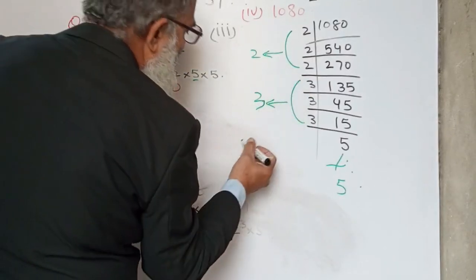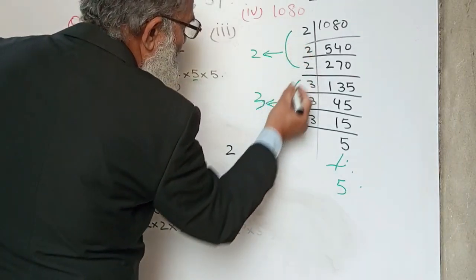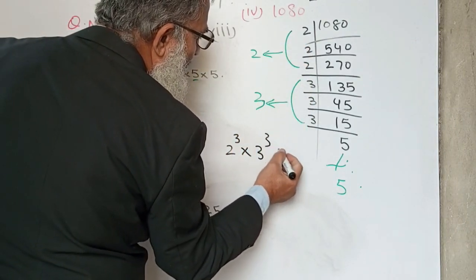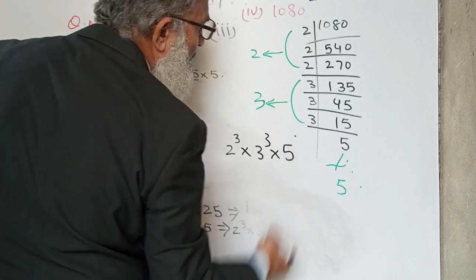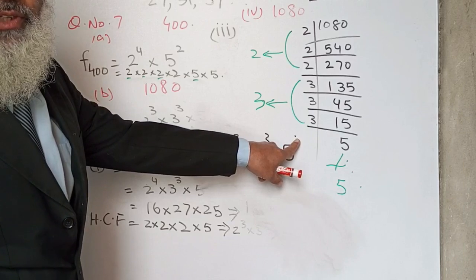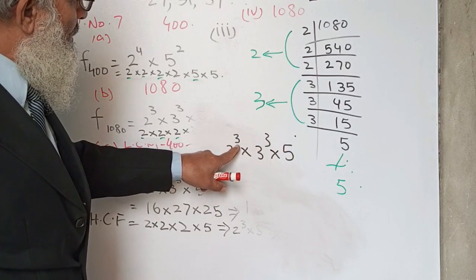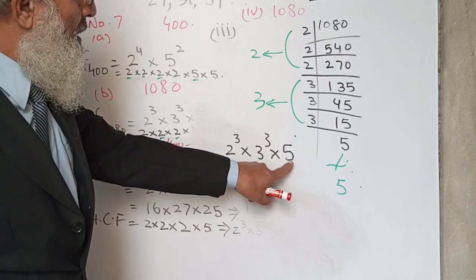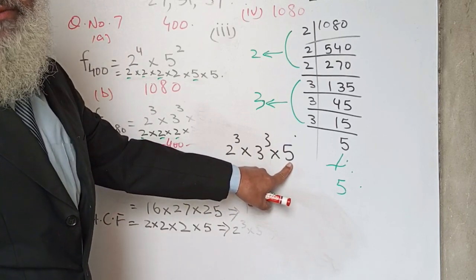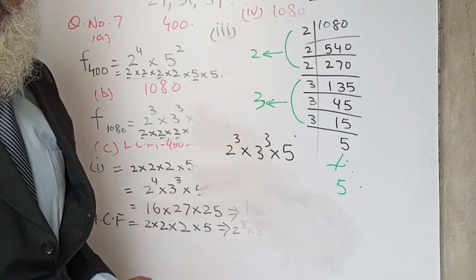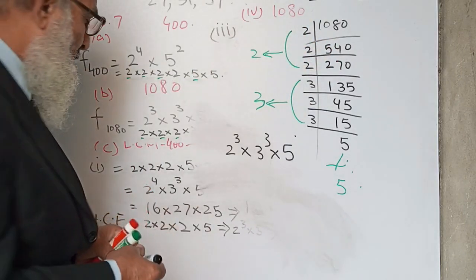So we can write 2 power 3, 3 power 3, but this is only 1 power, so we don't have to write anything over here. So we can pick 1 2 from here, 1 3 from here, but we cannot pick 5 from here. Therefore this number 1080 is not a cube number.